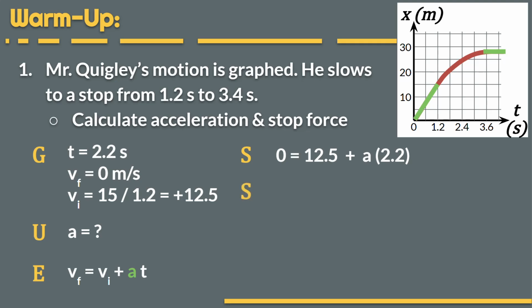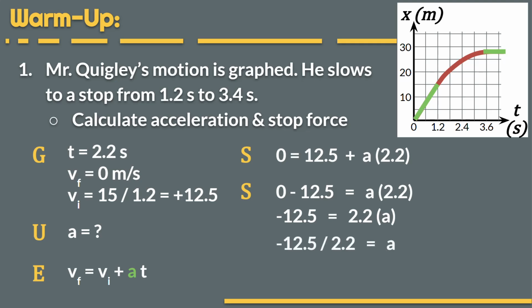Instead, you need to subtract 12.5 from both sides so that you have negative 12.5 equals 2.2A. And now we can get that variable by itself by simply dividing both sides by 2.2. Negative 12.5 divided by 2.2 will be the value I want for A, and if you put that in your calculator, you're going to get negative 5.682 meters per second squared.